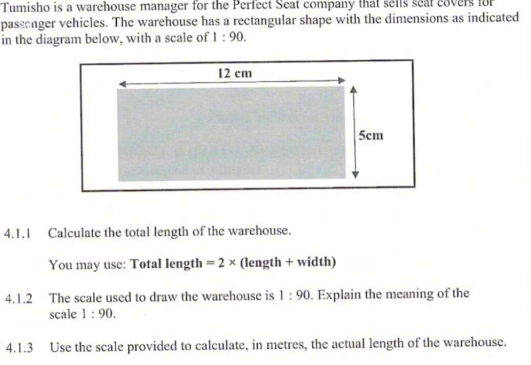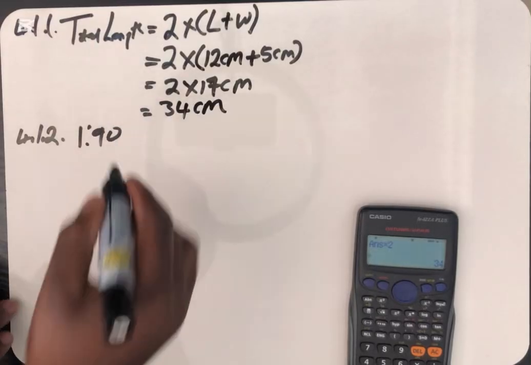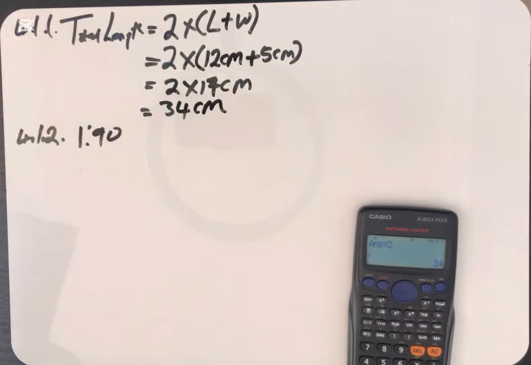4.1.2. It says, the scale used to draw the warehouse is 1:90. Explain the meaning of the scale. 1:90. We all know what this stands for. 1 unit on the map represent 90 units in real life. Please avoid using numbers. Make sure that you explain this with words.